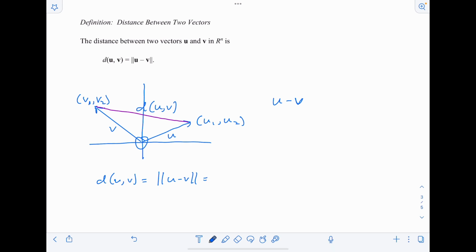So in this case, that's going to be represented by taking u1 minus v1 and u2 minus v2, which is the square root of u1 minus v1 squared plus u2, oops, that should be a 1. Let me erase that and write that correctly. That should be a 1. And then u2 minus v2 squared.